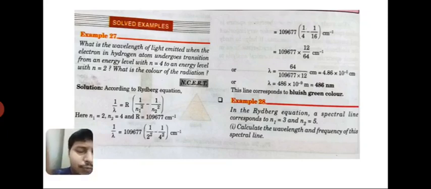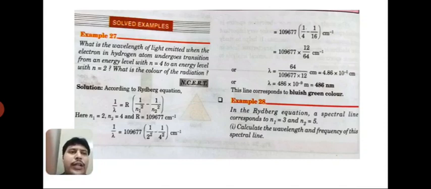Because it is for the hydrogen atom, for which Z is 1, so no need to mention Z in this formula. R is a constant, its value is 109677 centimeter inverse. n1 is 2, n2 is 4, we just put in all these values.